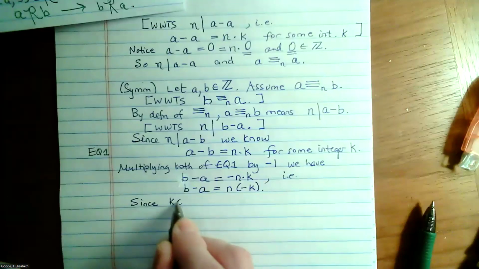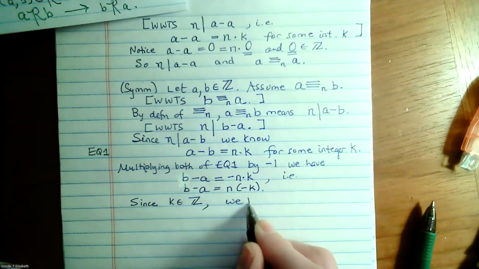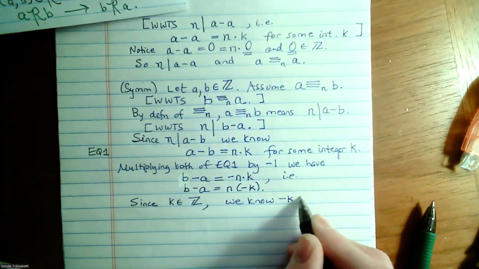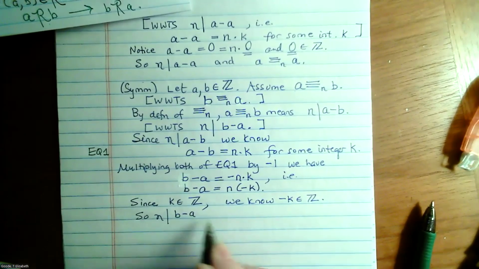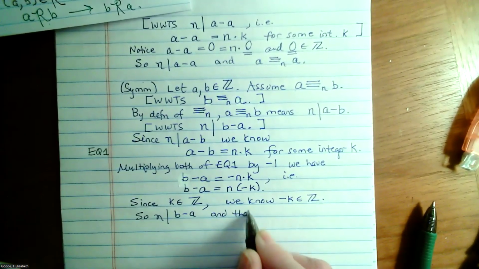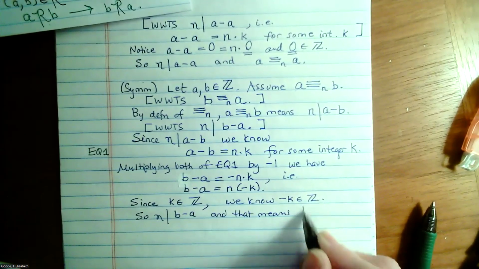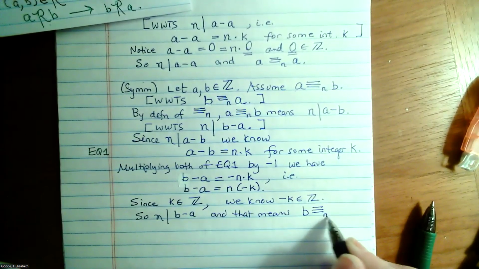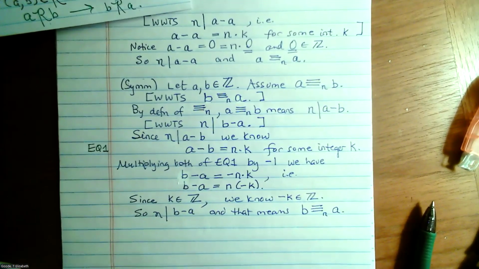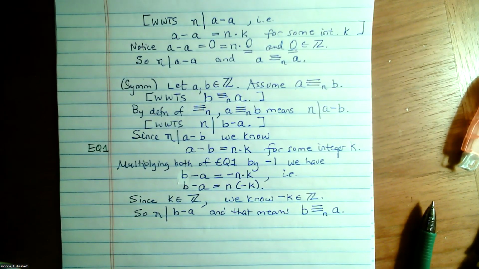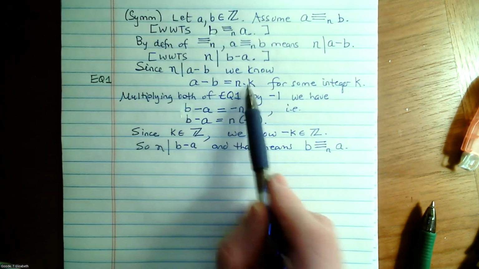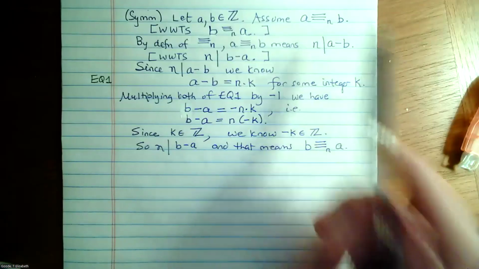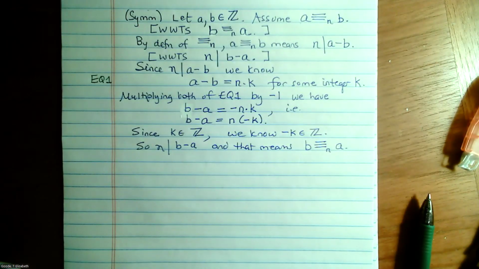So since K is in Z, we know negative K is in Z. So N divides B minus A, and that means B is congruent mod N to A. And that's what we were trying to show. So it was just a little algebra trick using the equation that we got from our hypothesis that A was congruent to B. Questions?